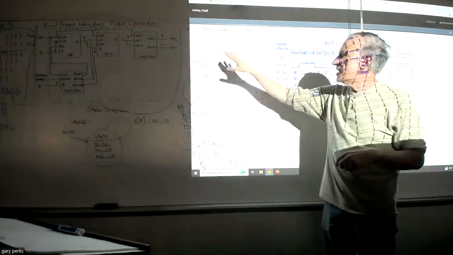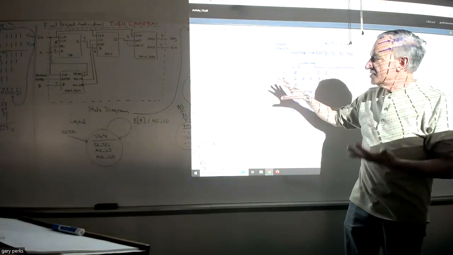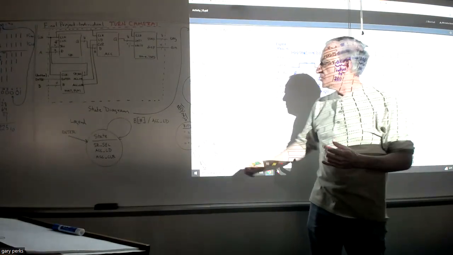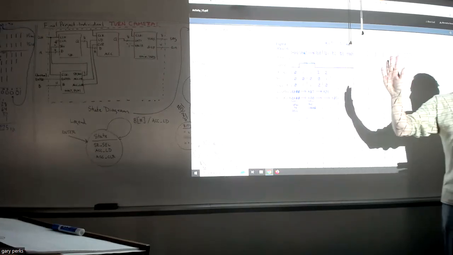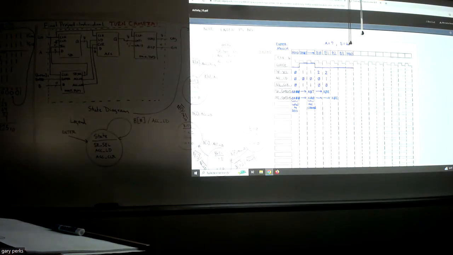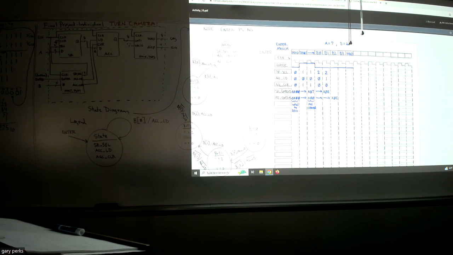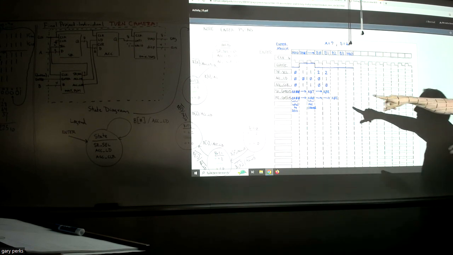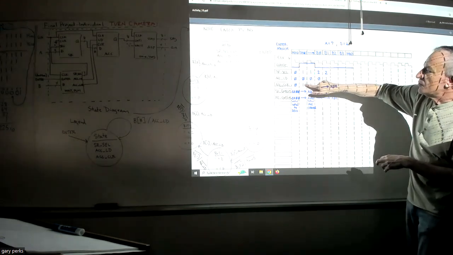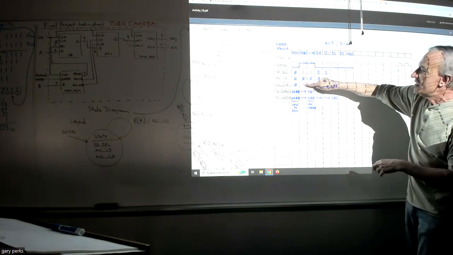A lot of times when I taught this, what's challenging to some people is they feel like the outputs are all skewed. They're like, wait a minute, everything seems like it's delayed. Yeah, because it's synchronous. That's why you're seeing a delay. And the same thing with the clear, right? When we go to clear the accumulator, we make it a 1 here.